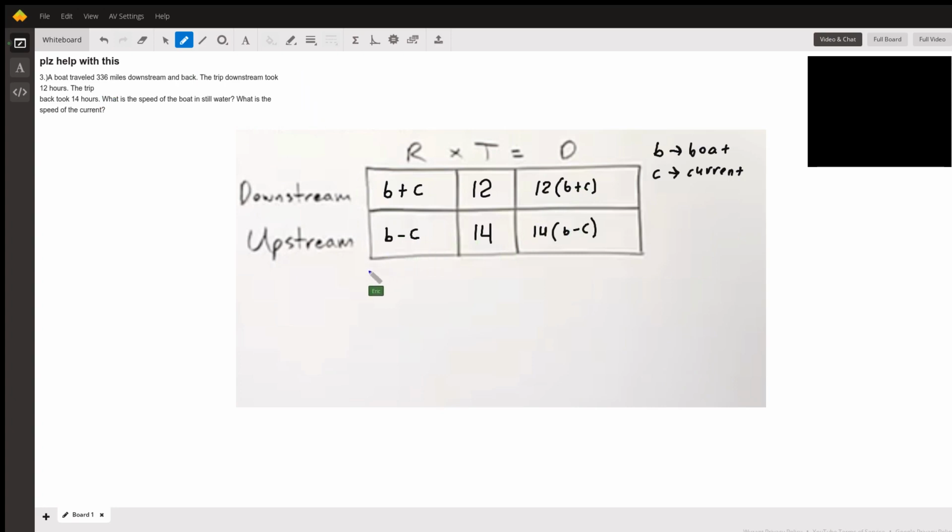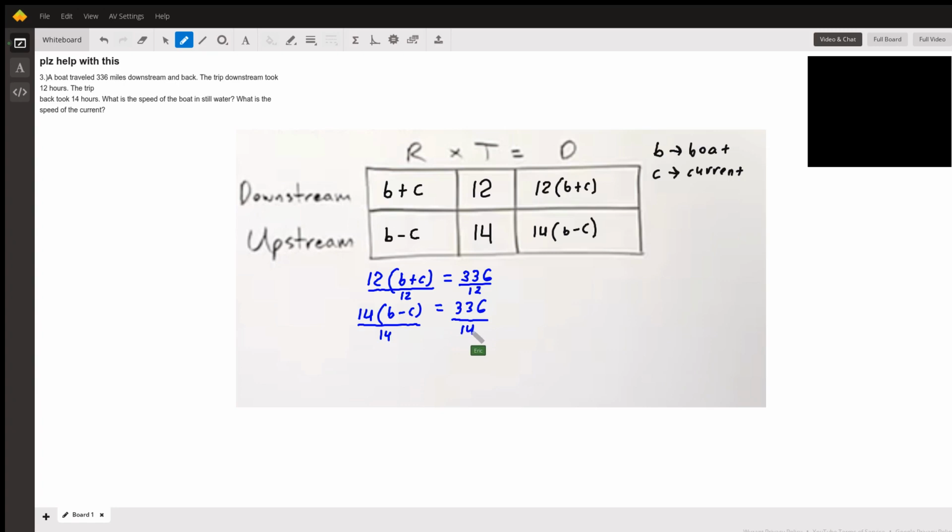So we can set 12 times (b plus c) equals 336, and 14 times (b minus c) equals 336. Solving from here, I would go ahead and divide both sides of the top equation by 12, and then divide both sides of the bottom equation by 14. You could distribute it if you'd like.